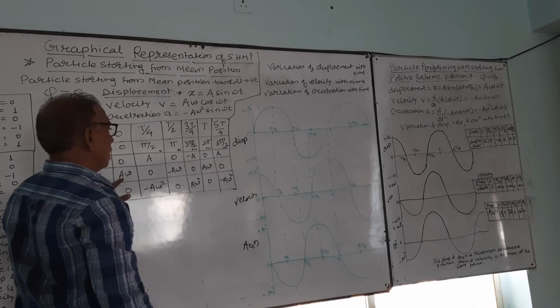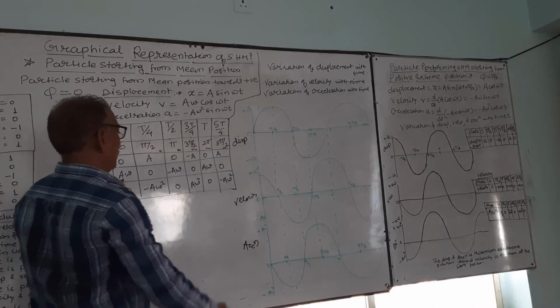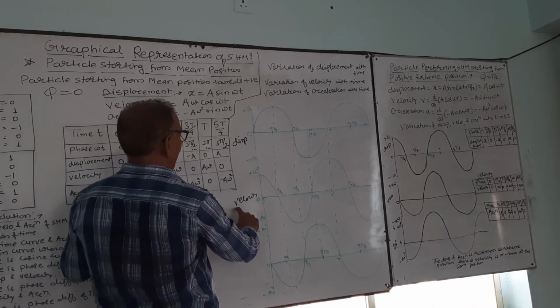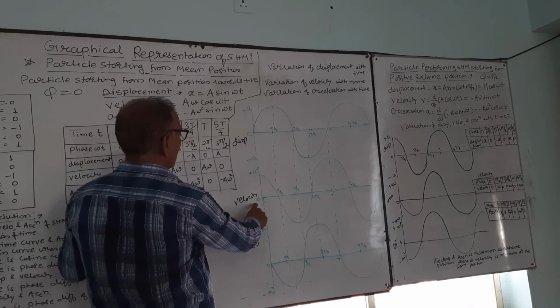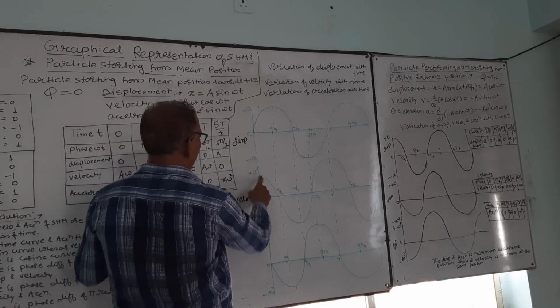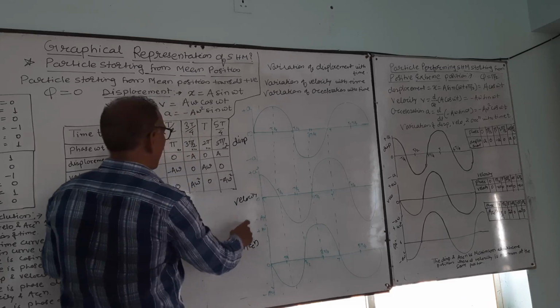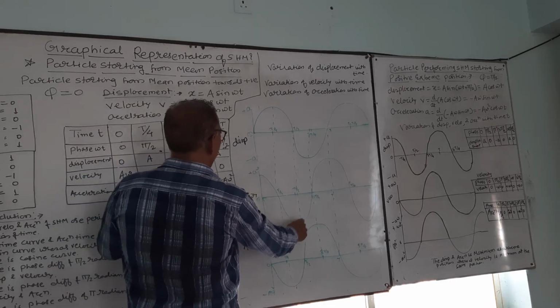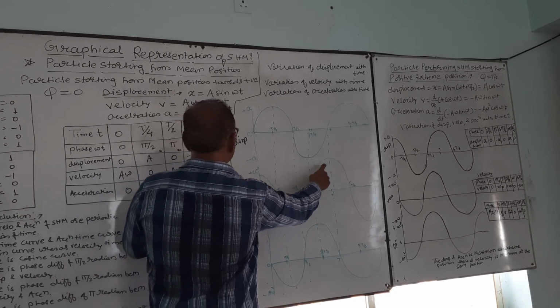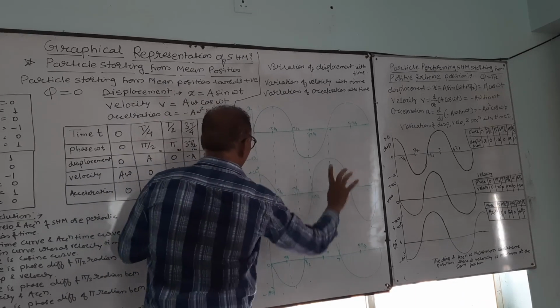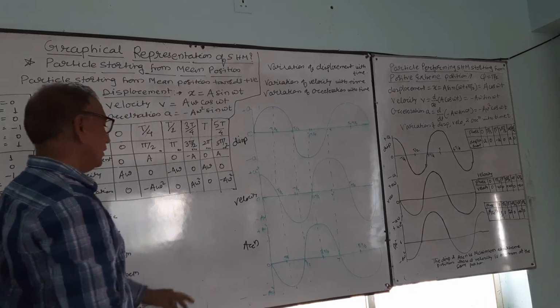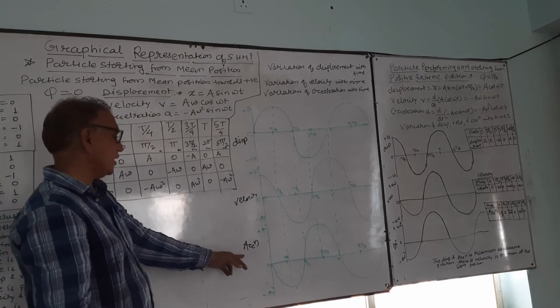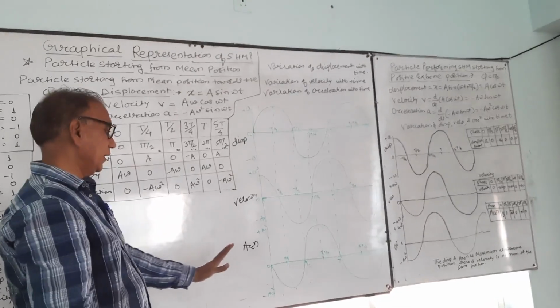Second graph, the graph for velocity, variation of velocity with time t. The values are 0, plus a omega, 0, minus a omega, 0, plus a omega, and 0. And finally, variation of acceleration with time t.